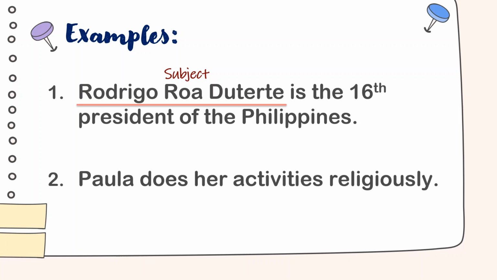Number 2. Paula does her activities religiously. Who does her activities religiously? Very good. The answer is Paula. Thus, Paula acts as a subject in the sentence because she performs the action of the verb.